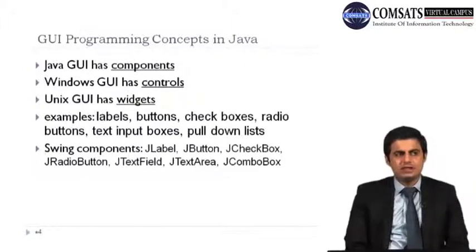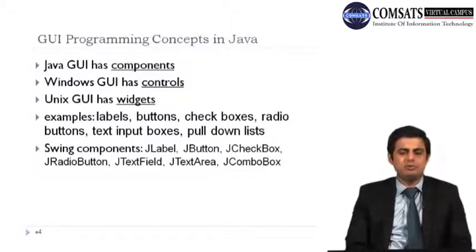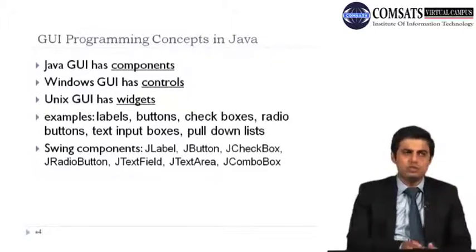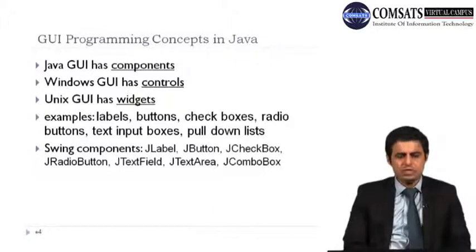Examples of different GUI programming concepts are labels, buttons, checkboxes, radio buttons, text input boxes, and pull down lists. These are different examples of the constructs which you can use in GUI. There are Swing components as well.